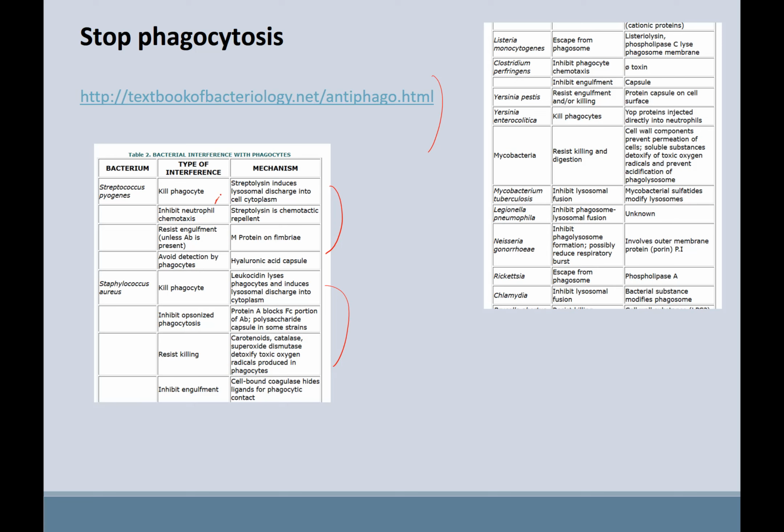Again, killing the phagocyte, inhibiting chemotaxis, so they might produce something that doesn't even allow the macrophage or the neutrophil to be recruited, avoiding detection, resisting the killing, and here's the ones that inhibit the lysosome and the fusion of the lysosome. These I'll show you are some intracellular parasites that actually live inside your immune system cells.